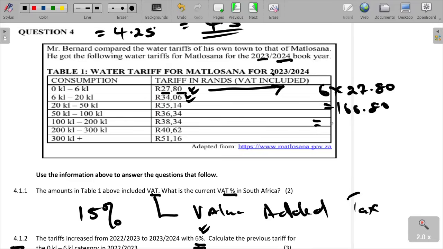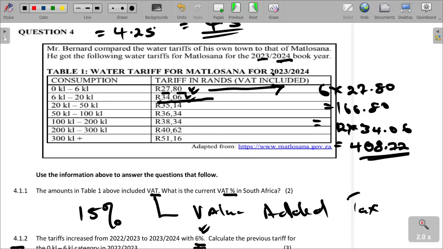So we have 12 multiplied by 34.6, which when we multiply gives us 480.72. That's what we have.